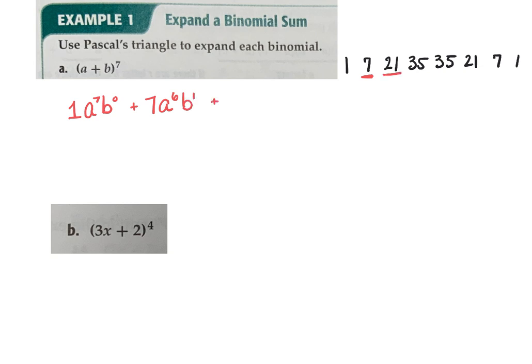Next coefficient, 21. Down 1 with the a, up 1 with the b. Next coefficient, 35. A to the 4th, b cubed. And we're going to keep going until we get a all the way to 0 and b all the way to 7.